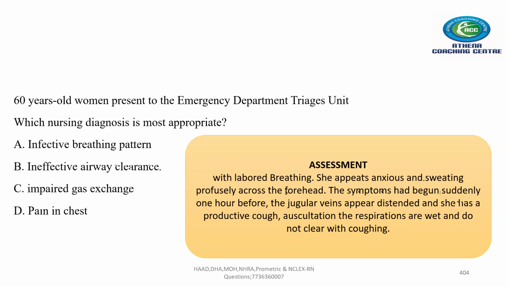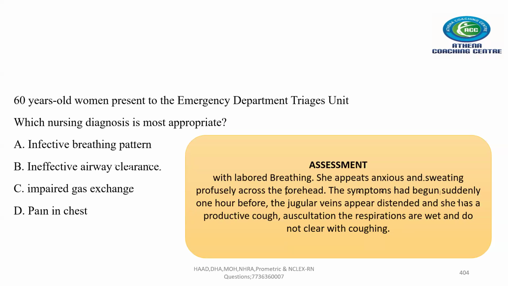Impaired gas exchange can be pain in the chest, definitely no. Ineffective breathing pattern, yes, that also. So either ineffective breathing pattern or impaired gas exchange. Here it can be indicating ineffective breathing pattern.